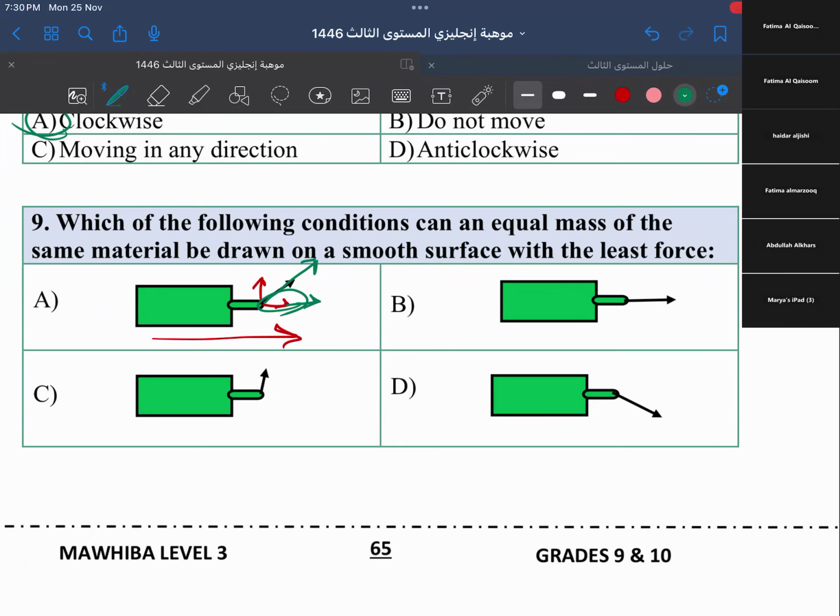Of course, this one is going to pull it up more than it's pulling it to the right. And this one here, D, is going to pull downward also, as well as pulling it to the right. So I want my full potential to go in the direction that I'm moving. So here, the answer would be B, because all my force is in the same direction. It's not going any other way, up or down.